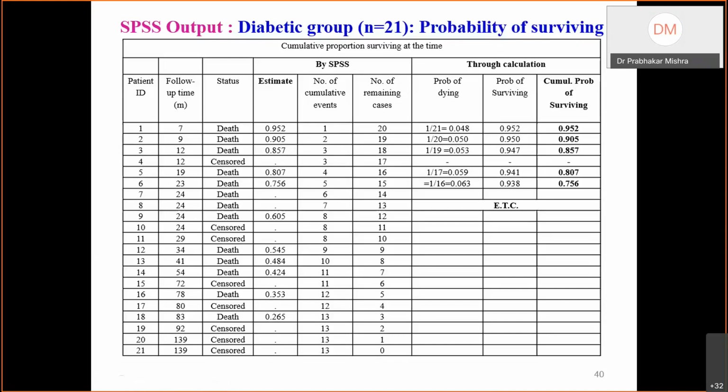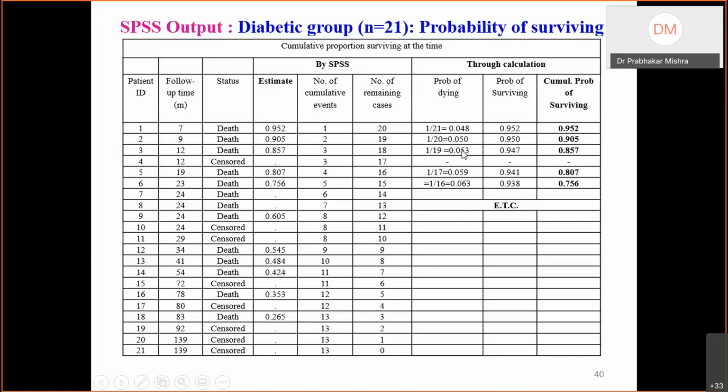Yesterday I told you cumulative probability is calculated as present group survival probability multiplied by previous group cumulative survival probability. So 0.95 into 0.95 is equal to 0.905. And the third patient died, so out of 19 one patient died, so this is the death probability.